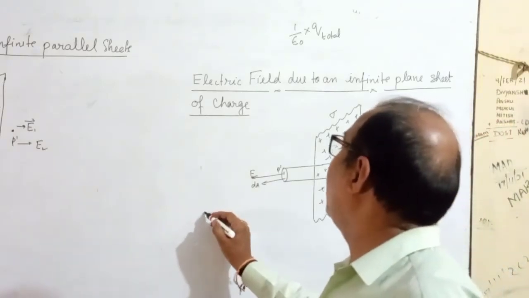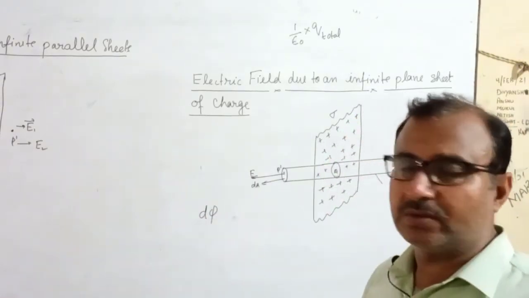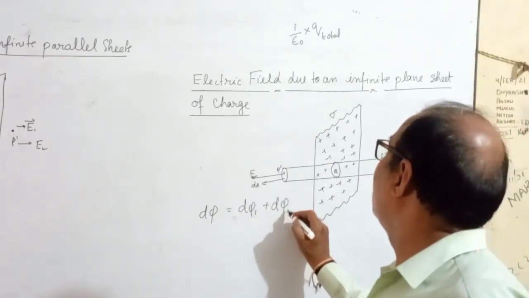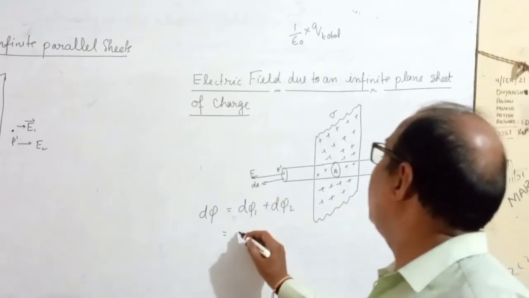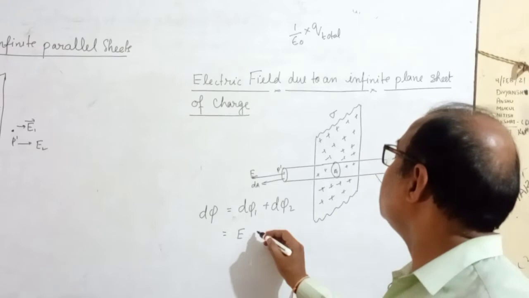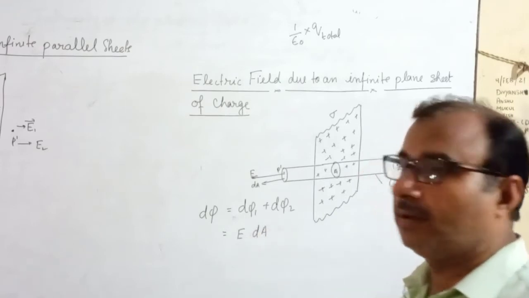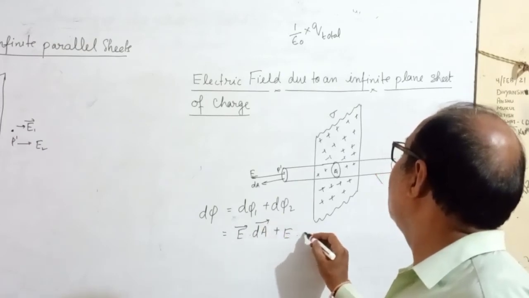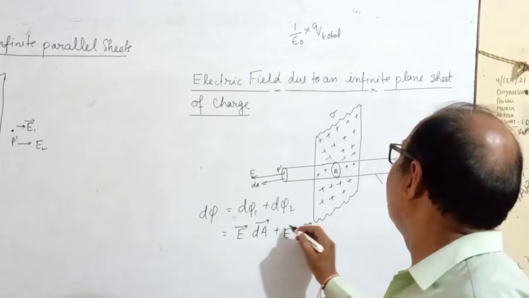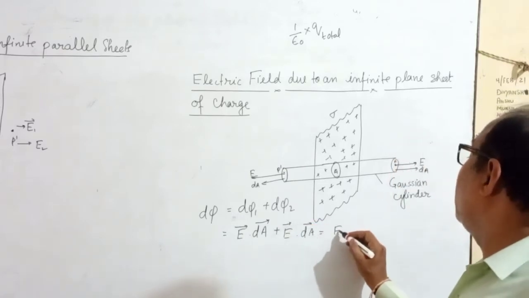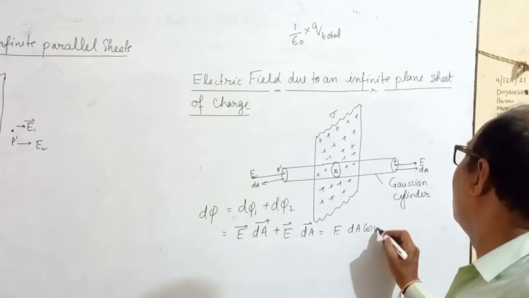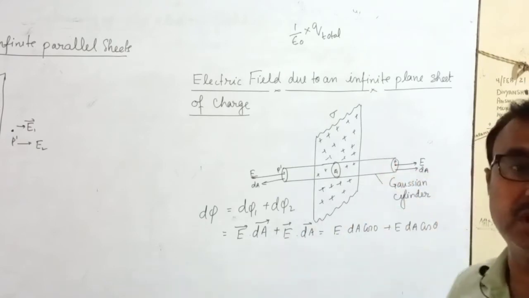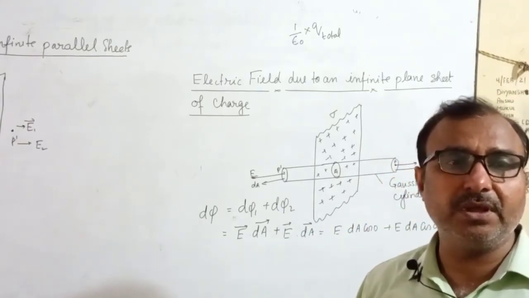Now to find the electric flux, d phi equals d phi 1 plus d phi 2. d phi 1 is E dot dA, plus here again E dot dA. Both sides are the same, so this can be written as E dA cos 0 plus E dA cos 0. Both vectors are in the same direction, so the angle between them is 0.